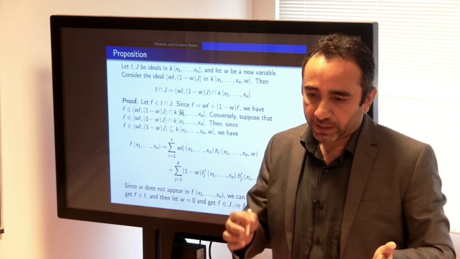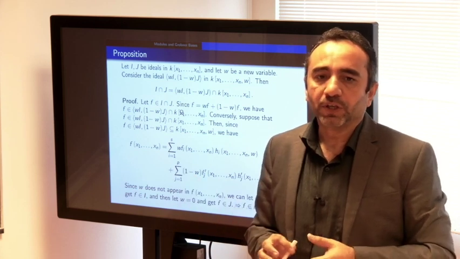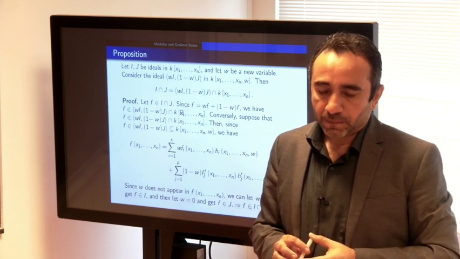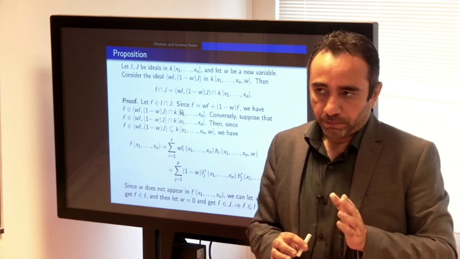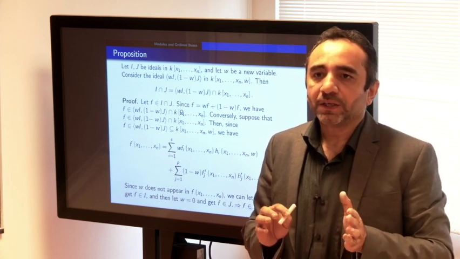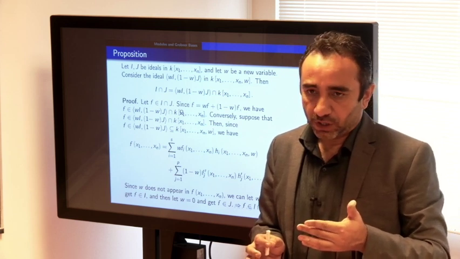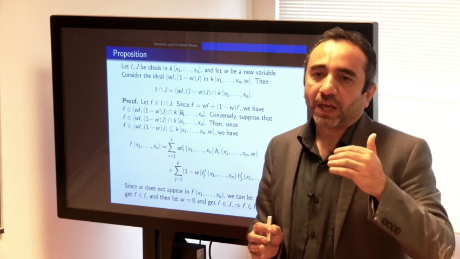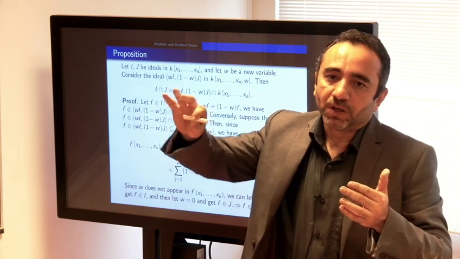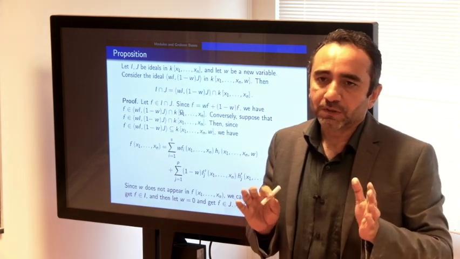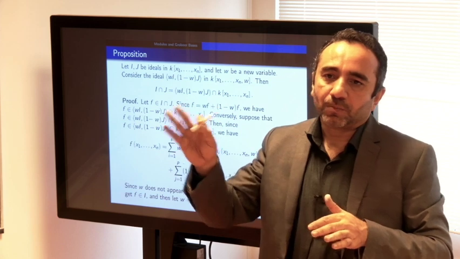We will introduce a new variable w there, and we consider an ideal generated by w times I and 1 minus w times J. And now this new ideal is actually in a polynomial ring with n plus 1 variables, as we are adding a new variable w there. So it is the polynomial ring in x1 up to xn, and then w as well.